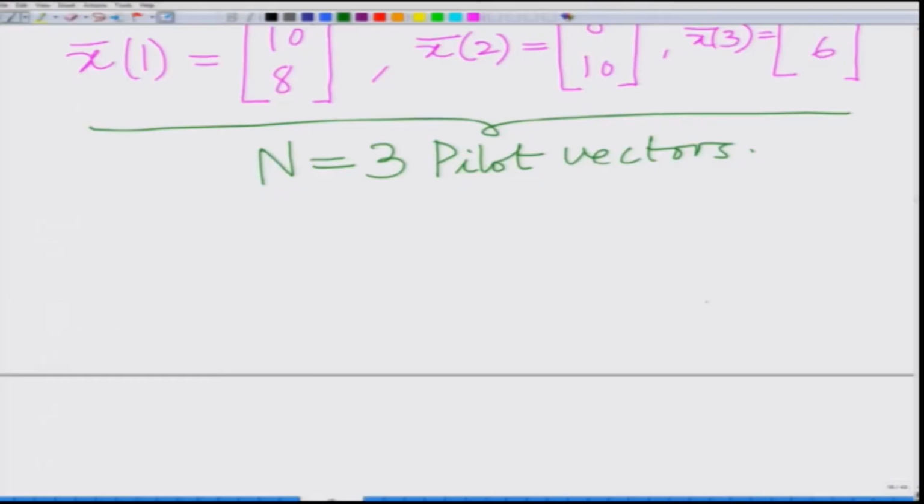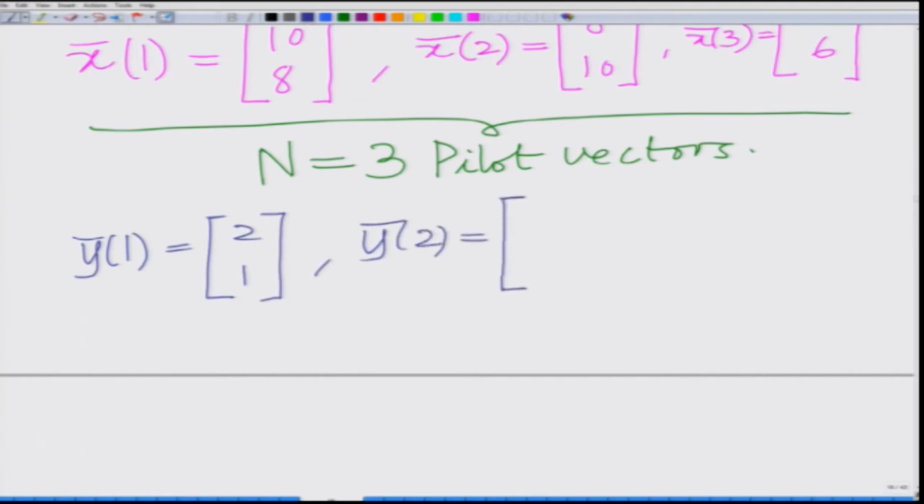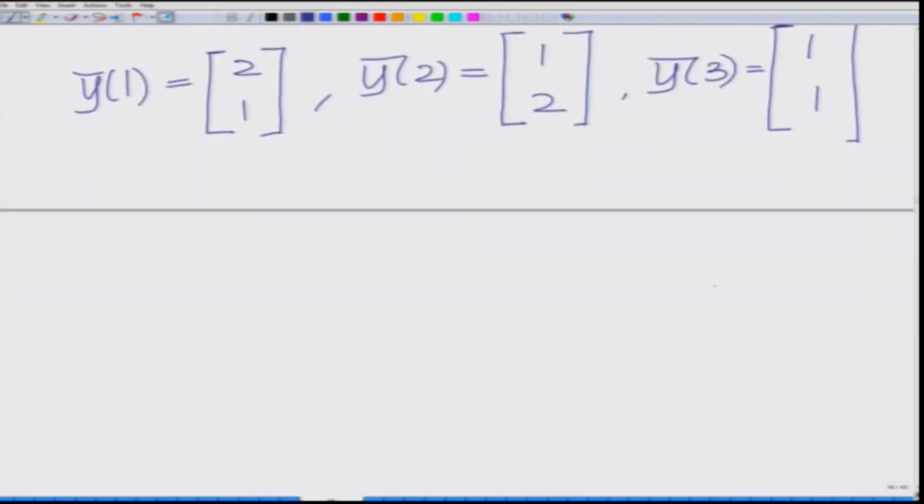And these, let us say, are given as y bar 1 equals 2 1, y bar 2 equals 1 2, y bar 3 equals 1 1. Okay.